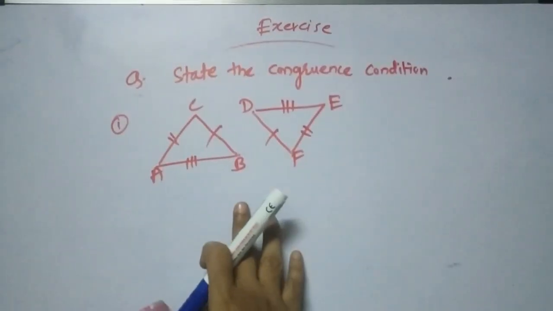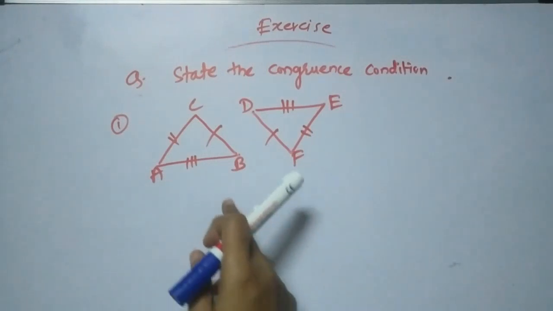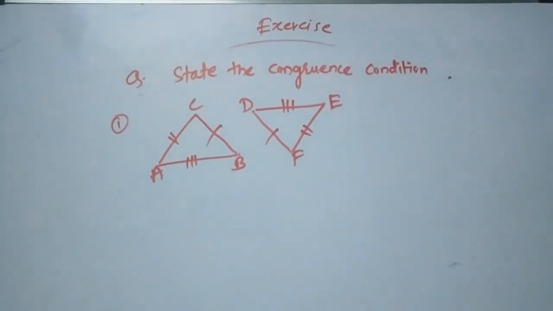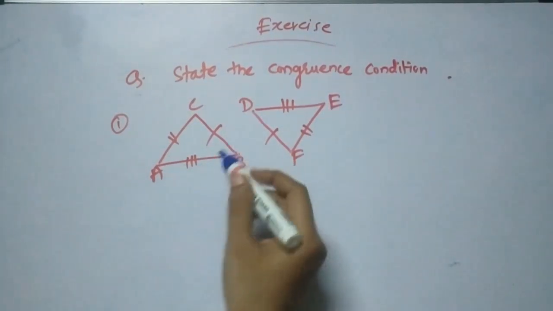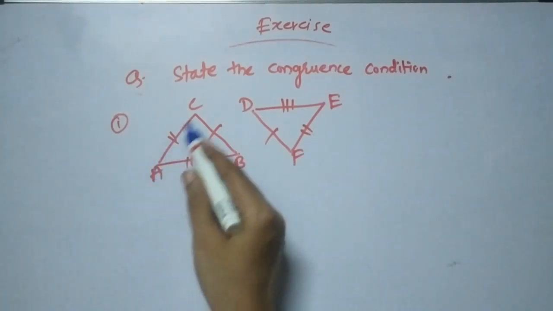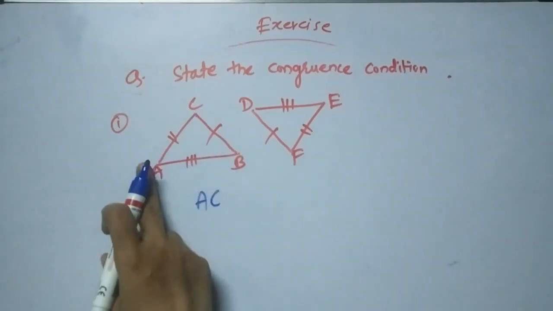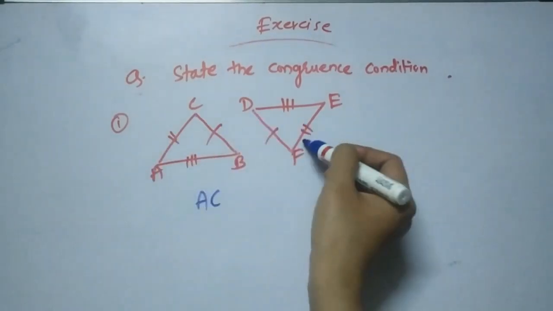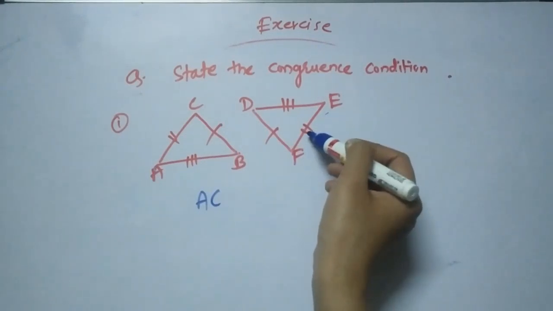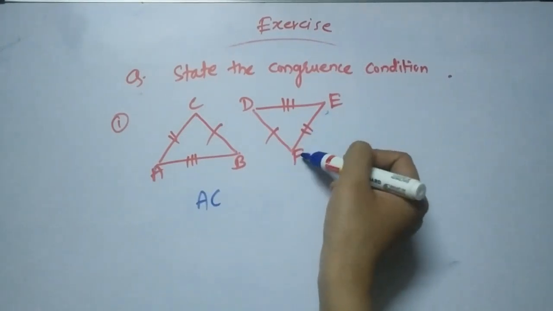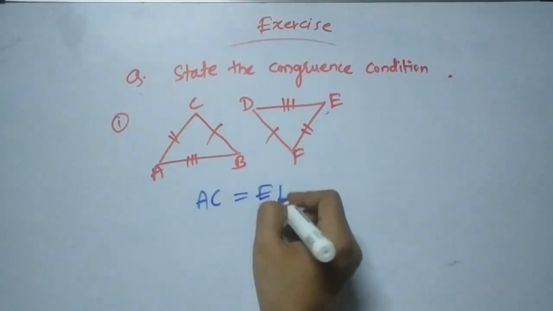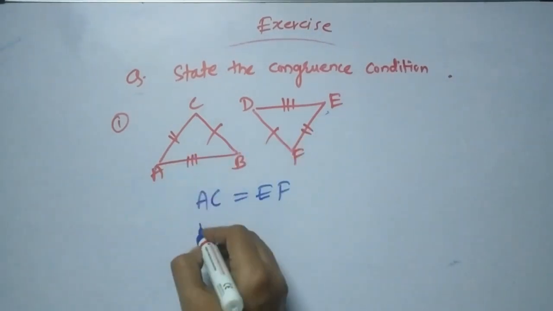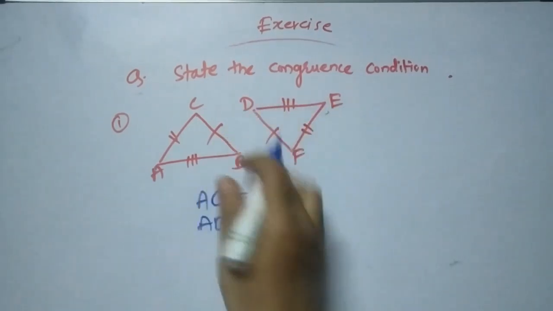So now we have to state the congruence condition in this triangle. So these two triangles are given. We'll write down first the congruent parts. Side AC, having a double mark, is equal to this side EF. Then we have the side AB, which is equal to the side ED.